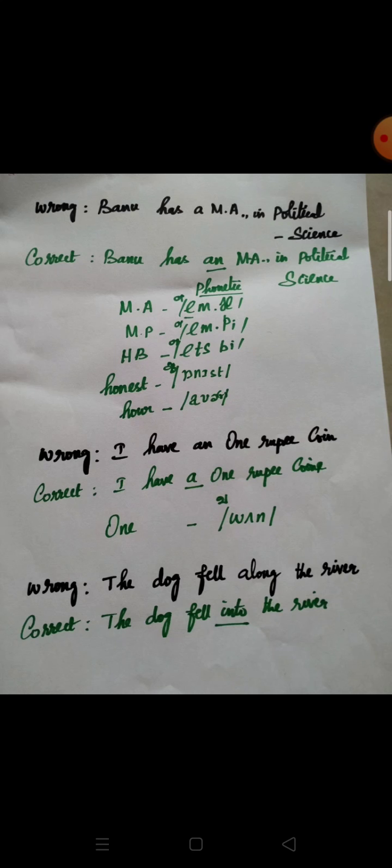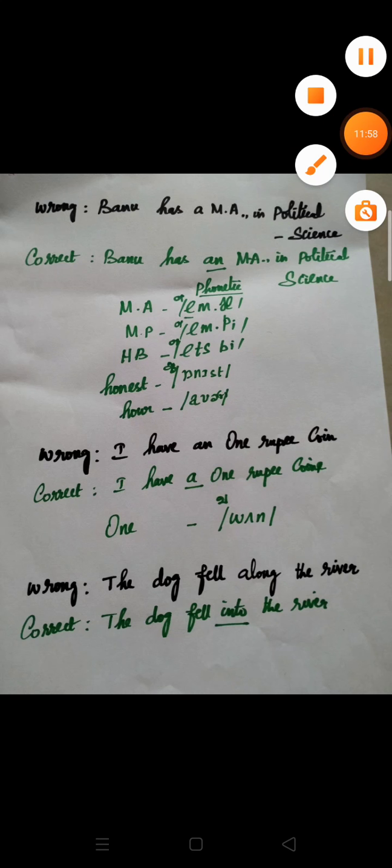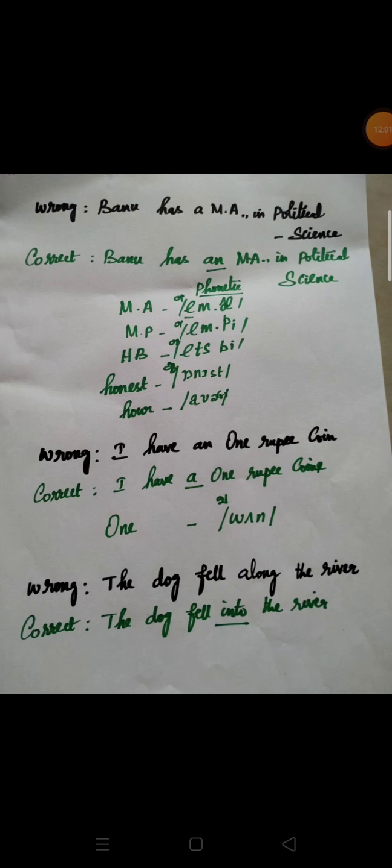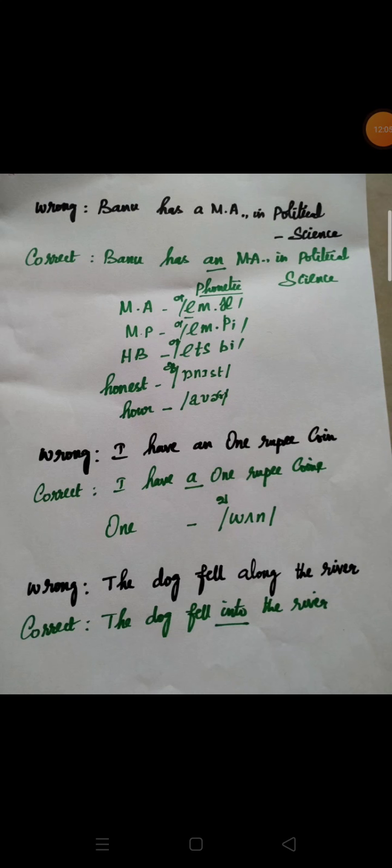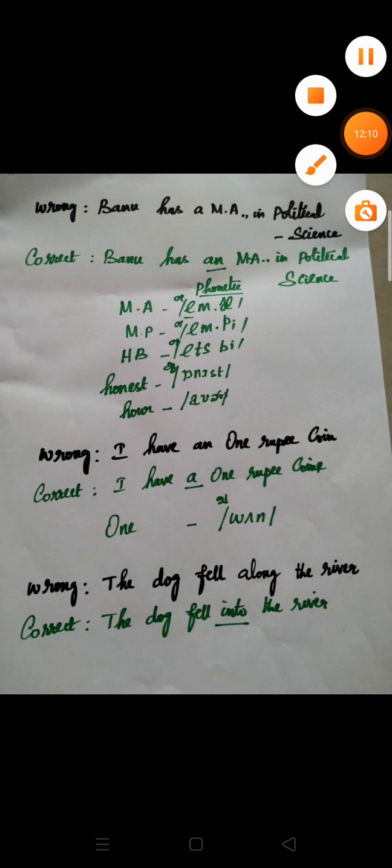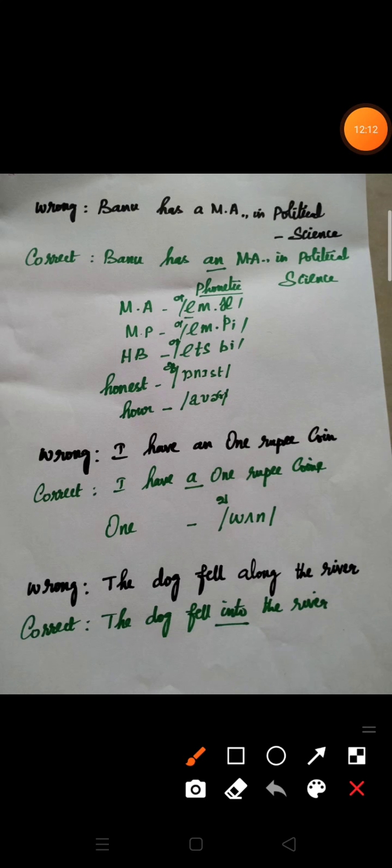See here, MA. MA is pronounced as em. So here, the em is a vowel sound.